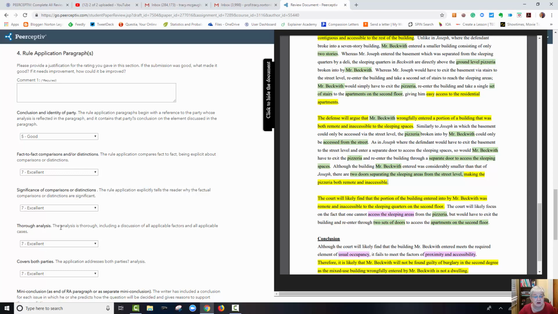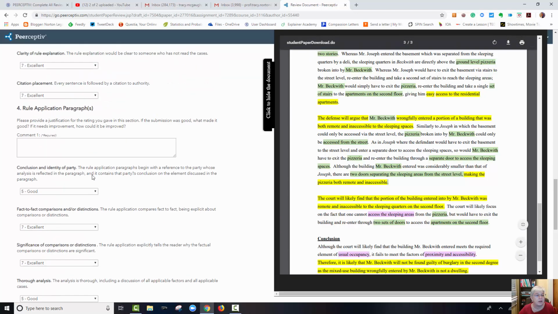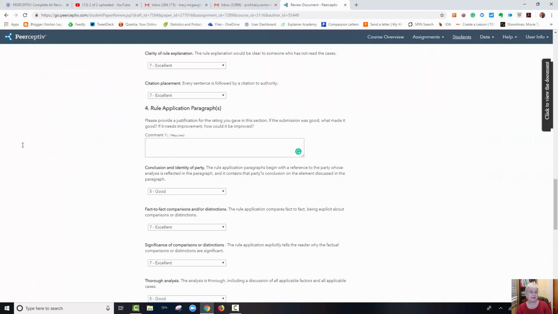Thorough analysis. It's thorough, including a discussion of all applicable factors in all applicable cases. I'm going to say good on that one. It discusses all the factors, but McRae would really make this a better analysis. Covers both parties, absolutely. I'm sticking to that one. And so my comment is going to be the addition of McRae as a bookend case with Joseph would have made the analysis of the violence factors clearer and easier to understand.